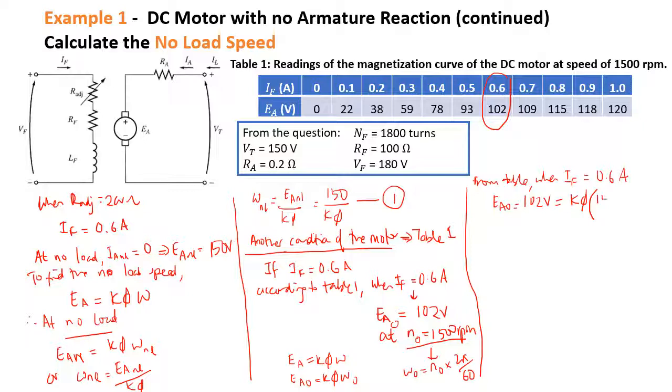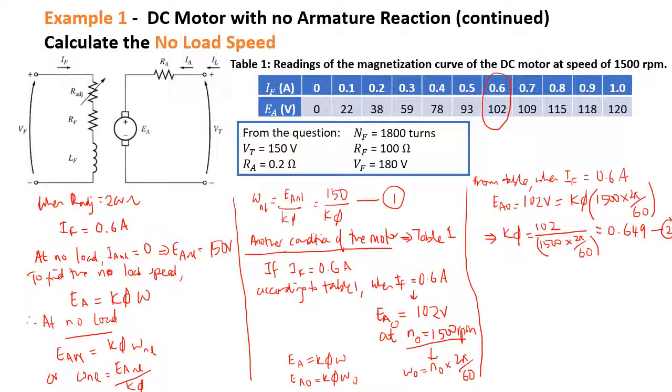So 1500 times 2 pi over 60 gives us omega 0. From here we get K flux, which is 102 divided by 1500 times 2 pi over 60. If we calculate this, K flux comes out to be 0.649, and we're going to call this equation 2.